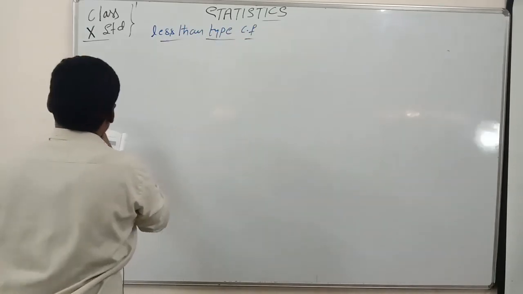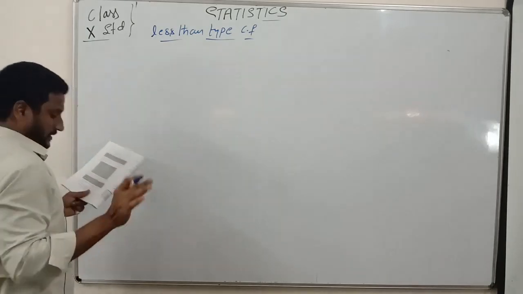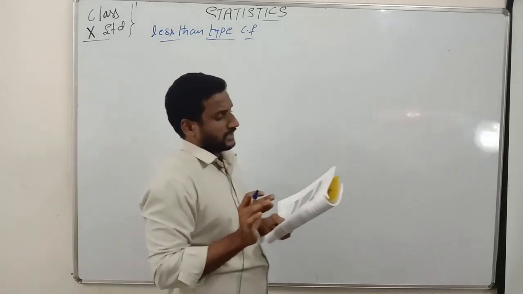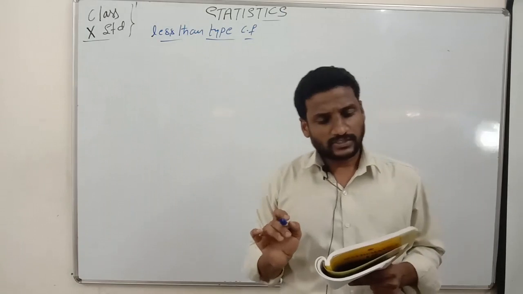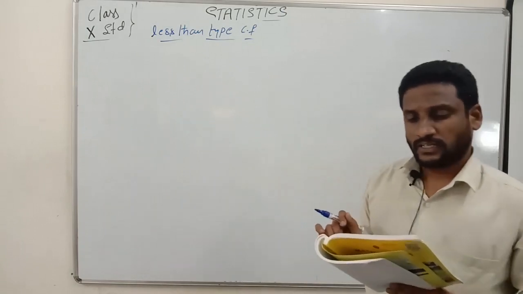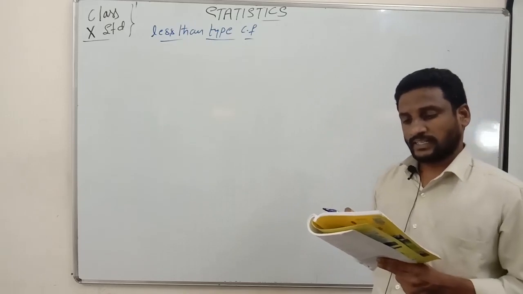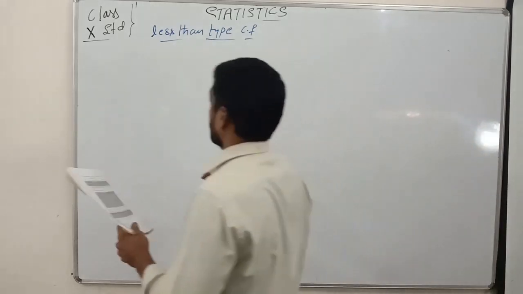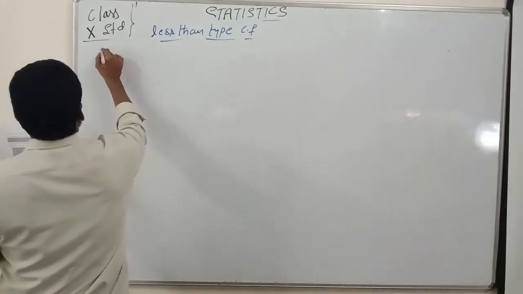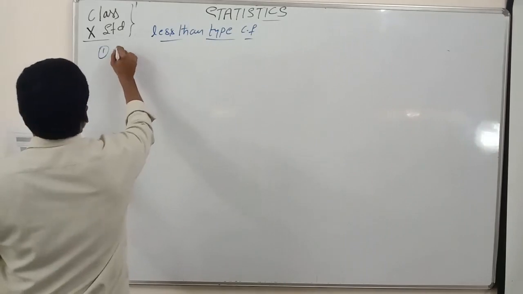See the question in the textbook here. The question is like this. First question: the following distribution gives the daily income of 50 workers of a factory. So he has given this data.